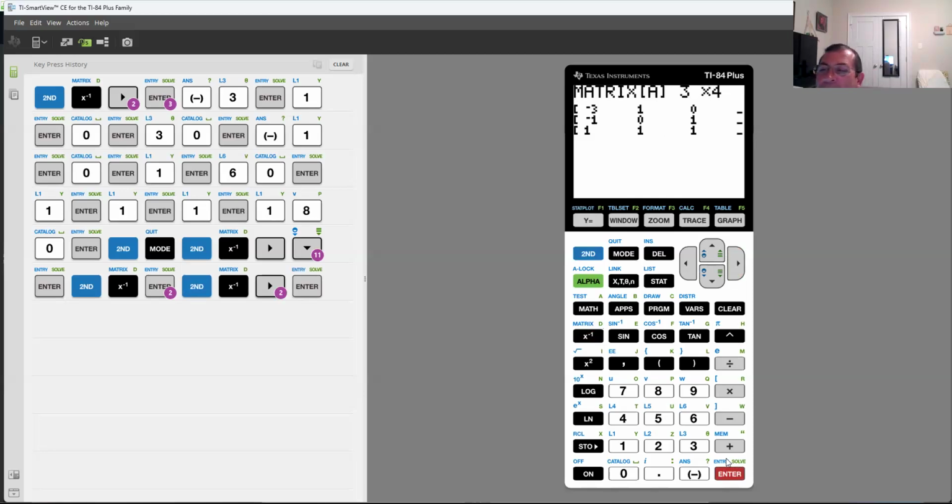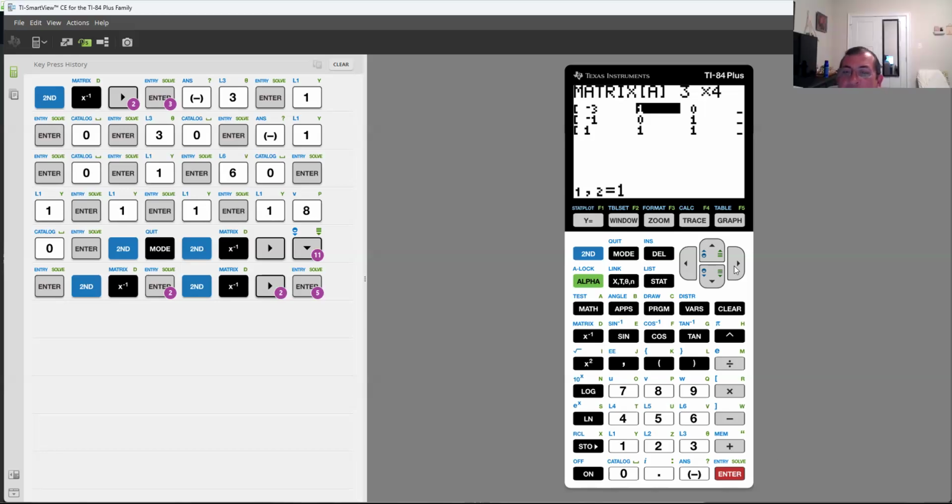So tell me your numbers on your first row. -3, 1, 0, 30. All right, hang on, let me catch this. Oh, so you got the 0 and the 1 backwards, it sounds like. So your first row, you should be -3, 1, 0, and then equals 30.